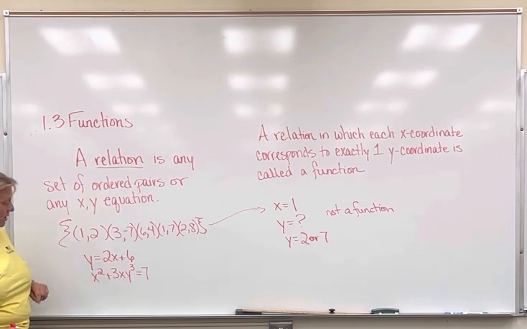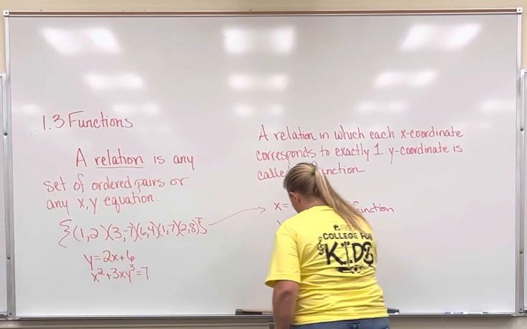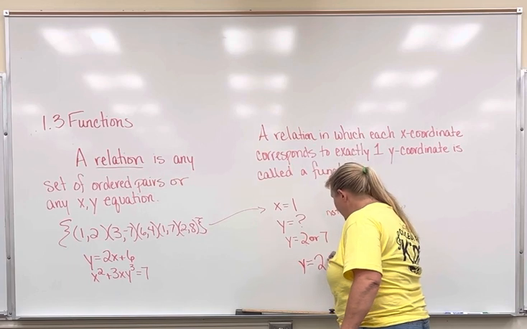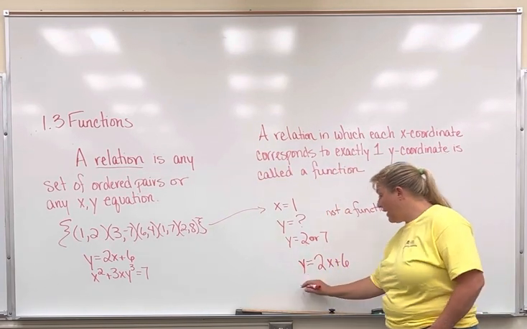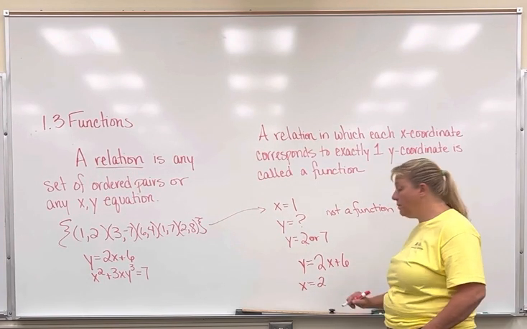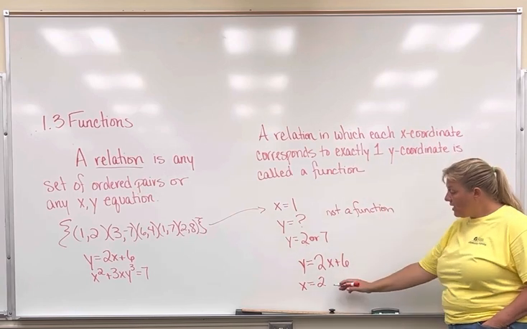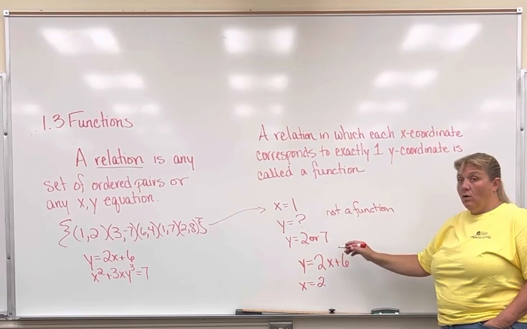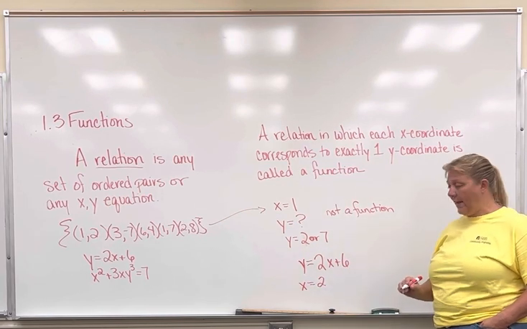But let's deal with our little y equals 2x plus 6 example. So if I said in this case that x equals, let's go with 2, so I give you the x coordinate. As soon as I give you the x, we have to do a little bit of work here, but can you plug this in and tell me what the y is equal to?